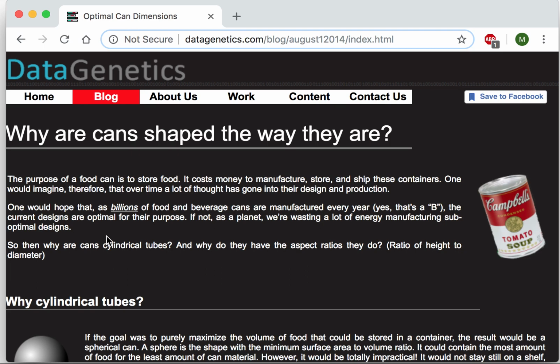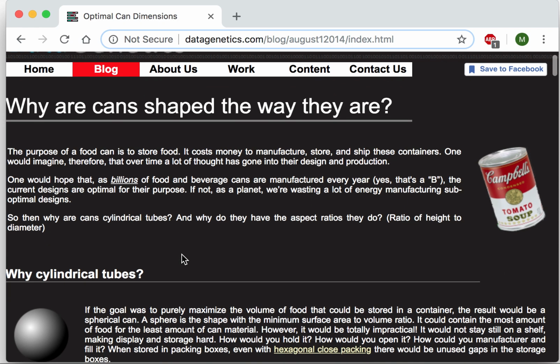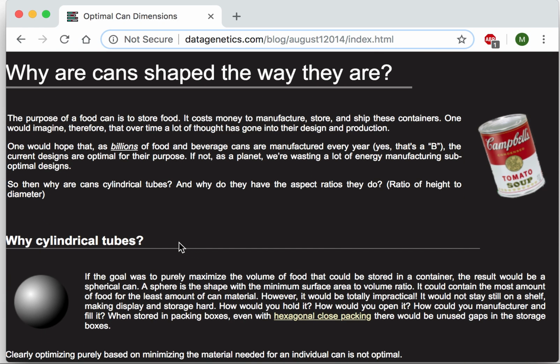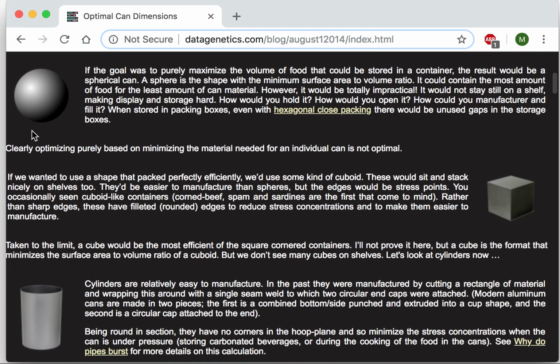Now again, billions of these things are manufactured every year, so optimizing volume and surface area for manufacturing purposes is probably going to be a really practical thing to worry about if you're a company that manufactures these things. First off, there's a reason why it's a cylinder instead of a sphere versus a square.